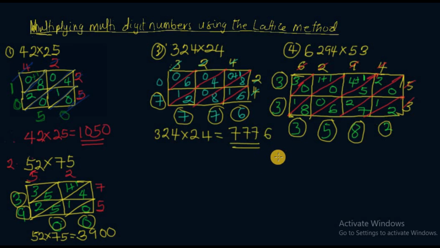So having done this, 6,294 times 53 is equal to 333,582. That's correct.